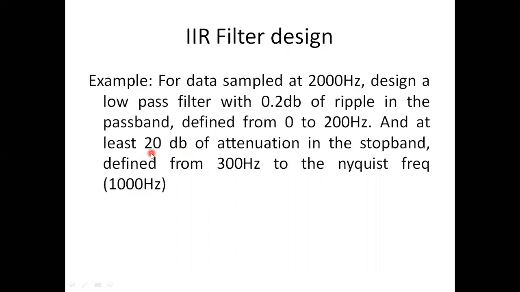Ks will be minus 20 dB, stop band gain. Fp, passband frequency, will be 200 Hz. And f stop, stop band frequency, will be 300 Hz. So for this data, Kp, Ks, Fp, f stop, we need to design the IIR filter in MATLAB.